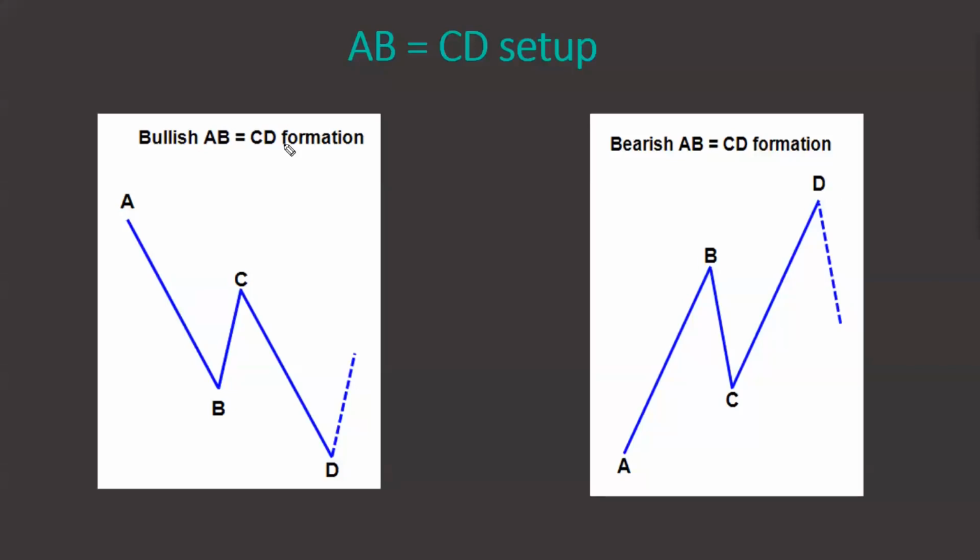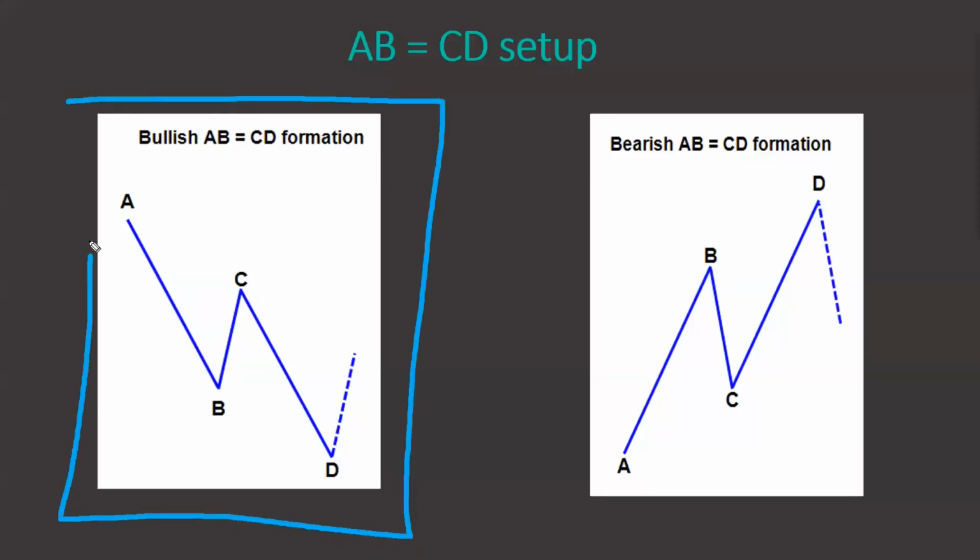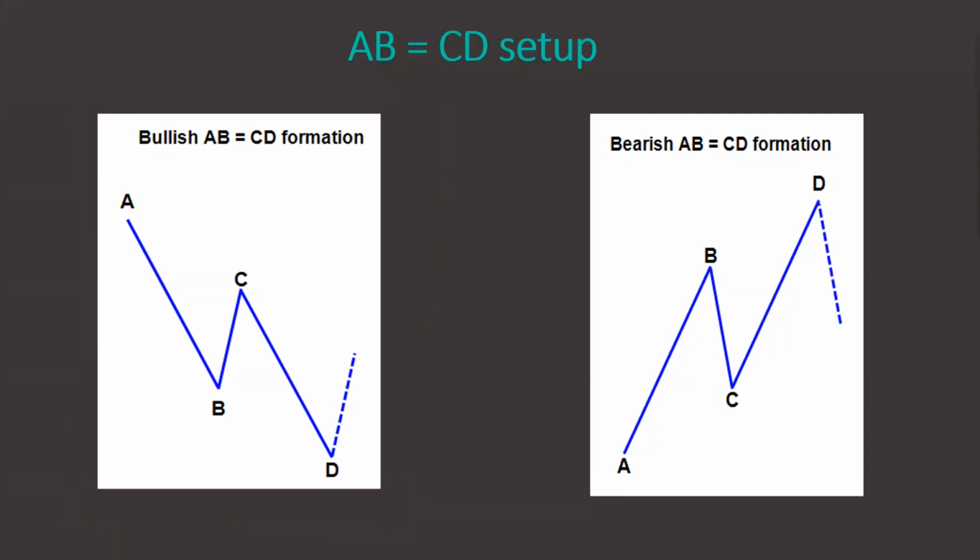So first, let me talk about this picture. This is a long trade scenario. The first thing which you want to see here is price making a swing point like this, swing point A. Then the price goes downwards and makes a swing point B. And then you want to see a pullback to swing point C. And then you need to start to see the price go downwards.